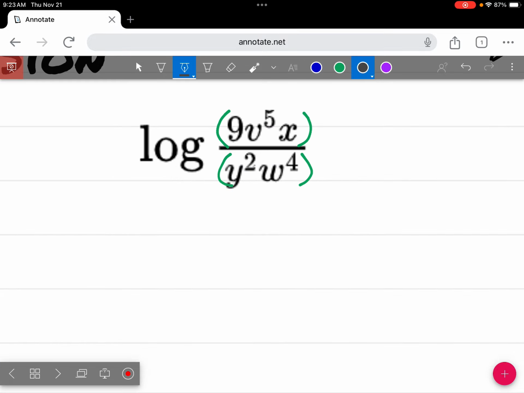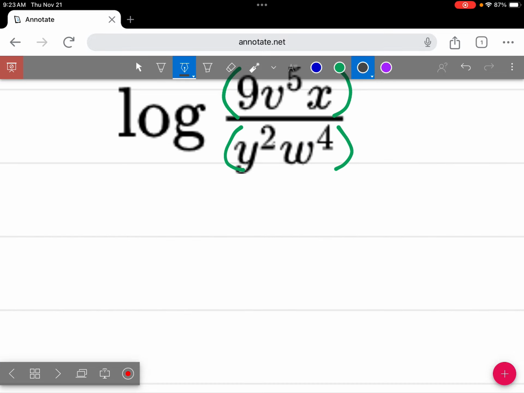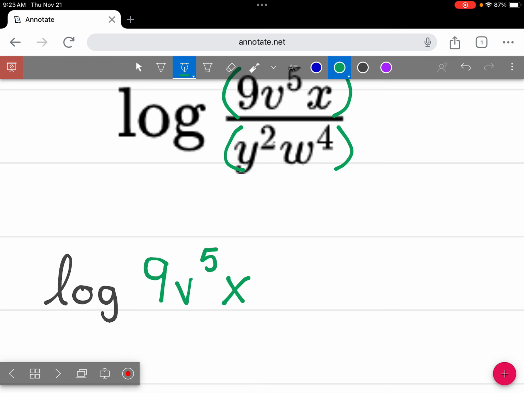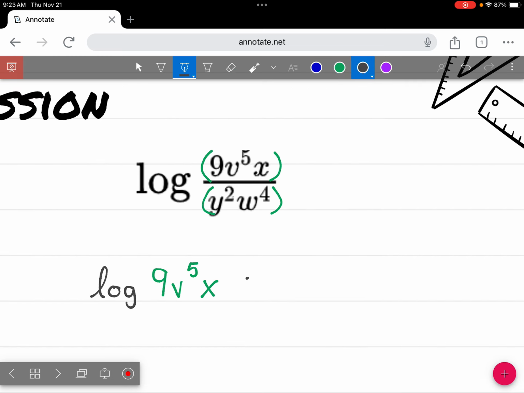This is the common log, so it has a base of 10. We don't have to write that in there. So we're just going to use our common log of our numerator, 9v to the 5th x, subtracting our common log of y squared w to the 4th.